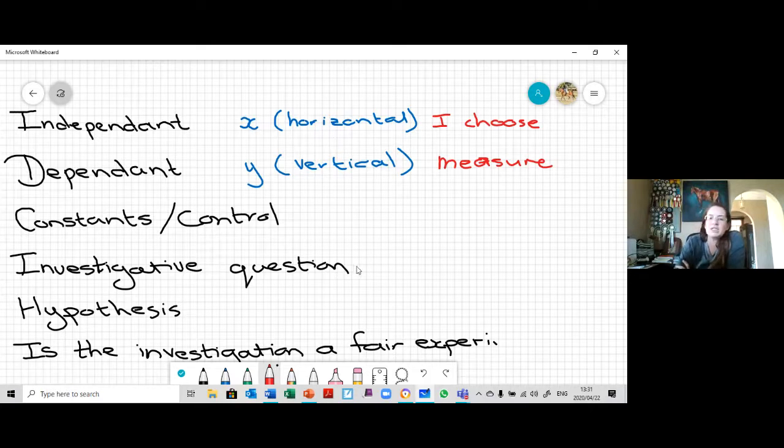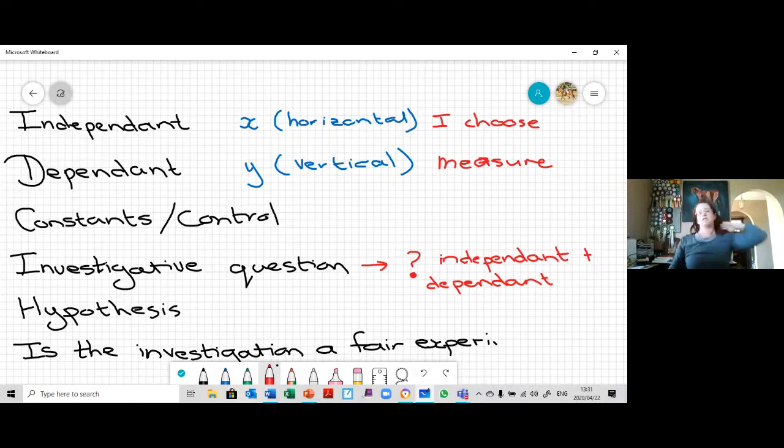Now with your investigative questions, I see this time and time again, it needs to be a question. And it must contain your independent and dependent variables.